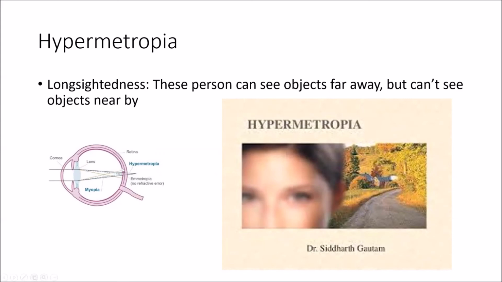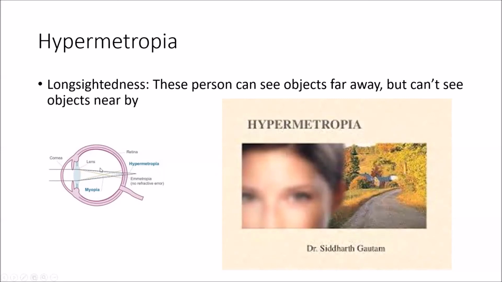Remember, the retina is right here. This is the back layer, or the back wall, of the eye where you find cone cells and rod cells. Because these lines that represent light do not meet at a point, they're still spread out. They don't meet at a point until it reaches the back of the eye.